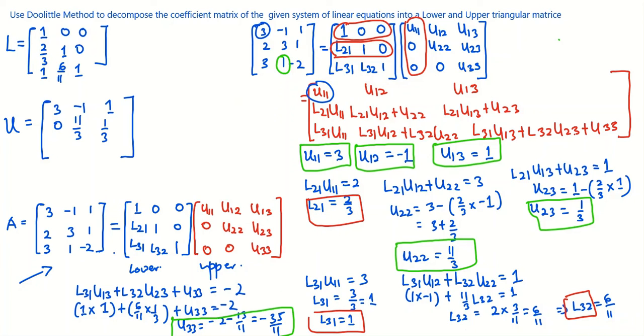Then you're going to have 0 here, 0 here, and it will be left with U33, which we got to be minus 35 on 11. So at the end, we have been able to decompose the coefficient matrix A into a product of its lower triangular matrix and upper triangular matrix using the Doolittle method.